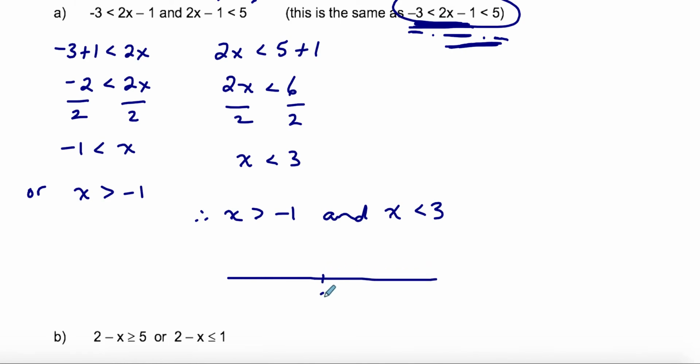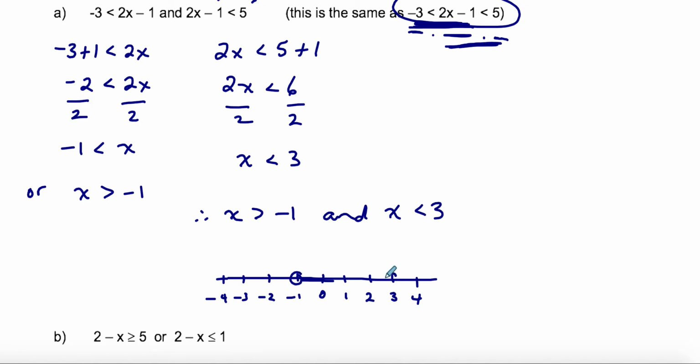Let's say this is 0, 1, 2, 3, 4, and negative 1, 2, 3, 4. I try to space them out so it looks like they're even. If x is greater than but not equal to negative 1, it would start at negative 1 but not include negative 1, and go greater than, so kind of going in this direction. But at the same time, x has to be less than 3.